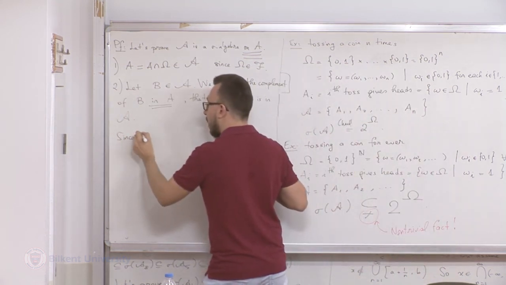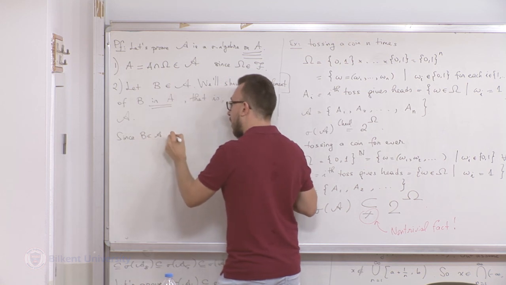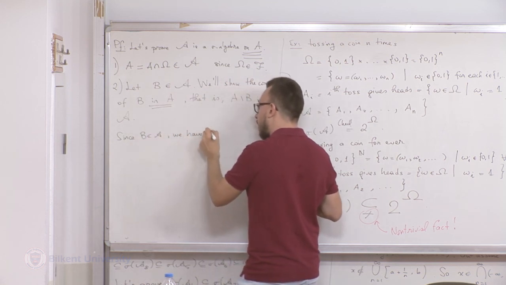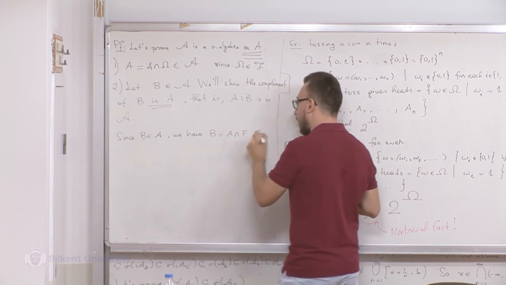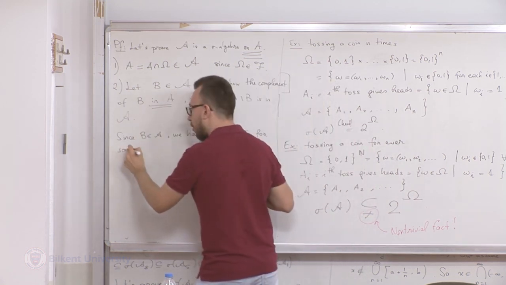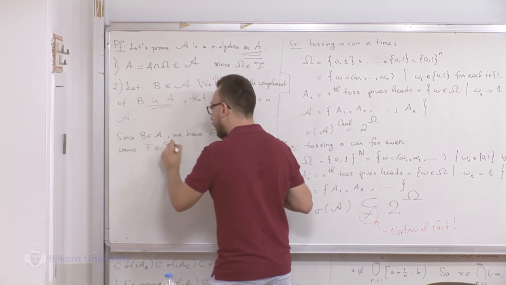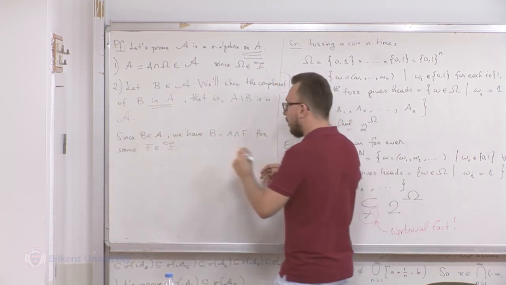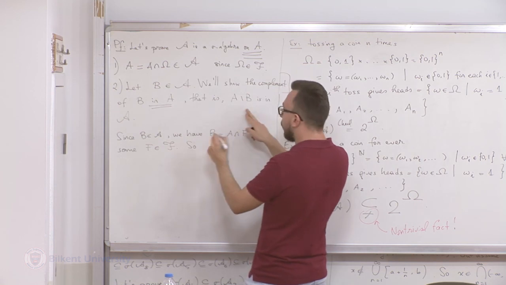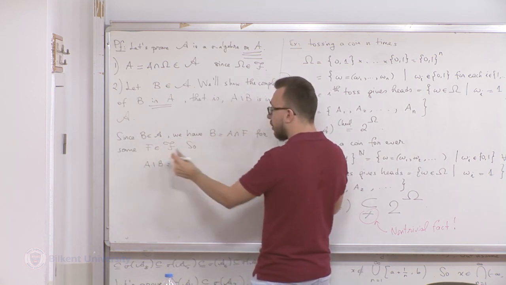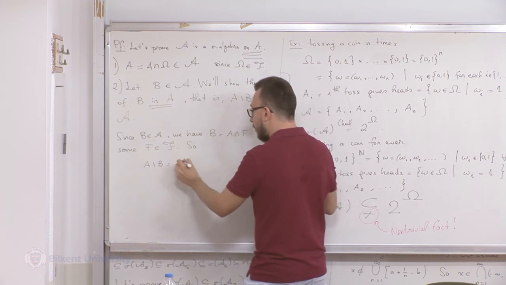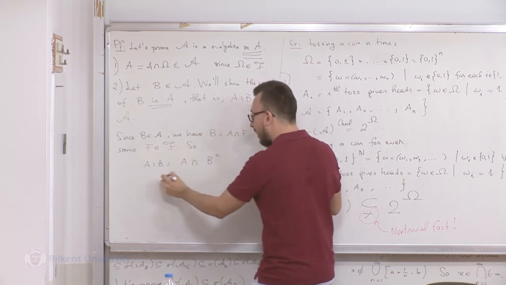Since B is in script A, we have B equals A intersection F for some F in script F. So let's look at A difference B, which is A intersection B complement.